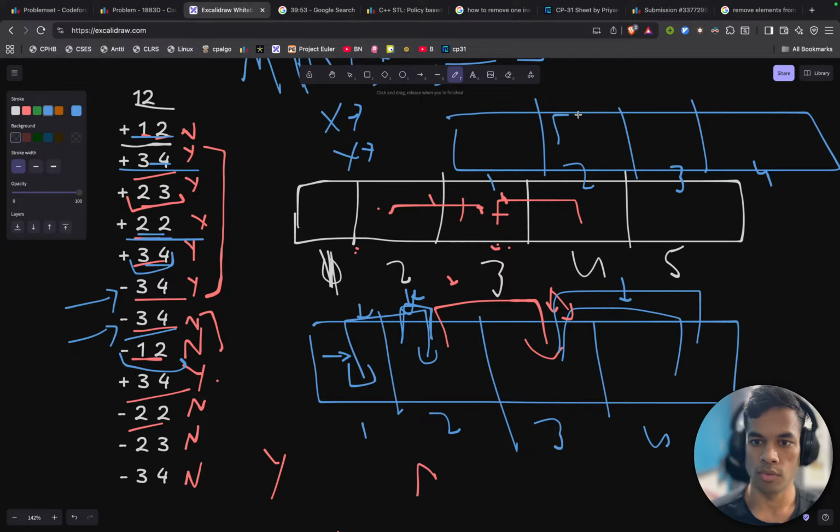We had 2, 2 still there. We were removing 1, 2, so we had 1, 2. With 3, 4 removed, 2, 2 was there, and 2, 3 was also there.